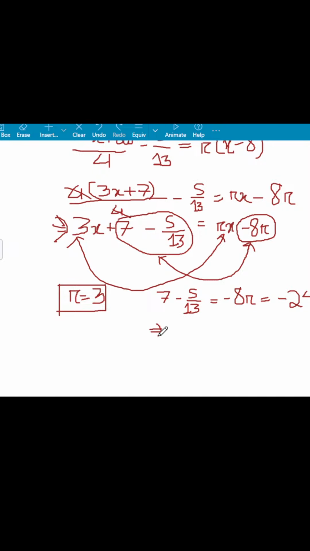So we can take S by 13 to one side, so it will be 7 plus 24, and S by 13 on one side. So we can write this as S by 13 is equal to 7 plus 24.